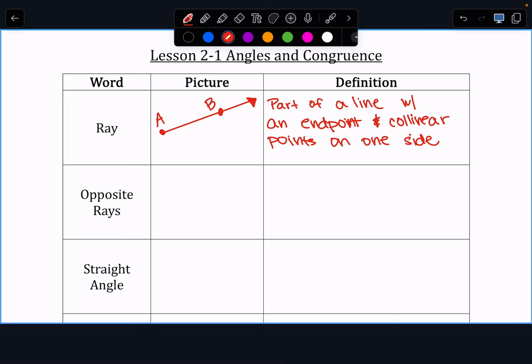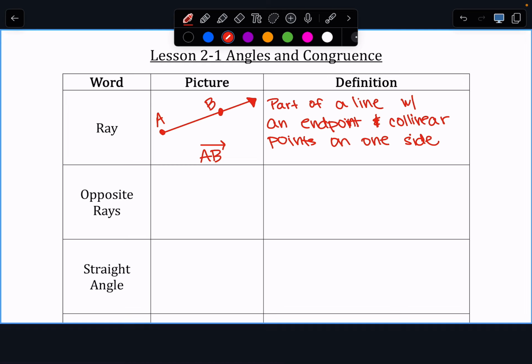When we name a ray, it is important what letter comes first. Where does the ray begin? A. So we need to name this ray AB with a ray hat on top. You cannot name it BA.